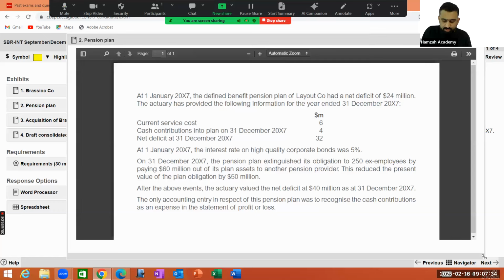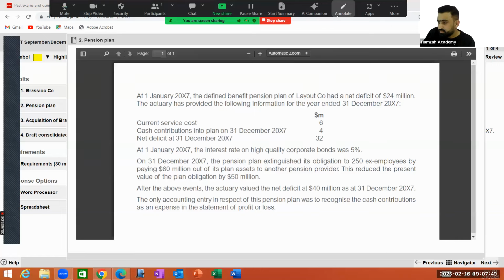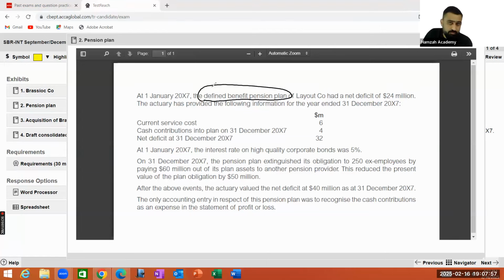Now, first of all, this is an issue of IAS 19 employee benefit. And in employee benefit, it is a defined benefit pension plan. In a defined benefit pension plan, you have defined the benefit of the employee.